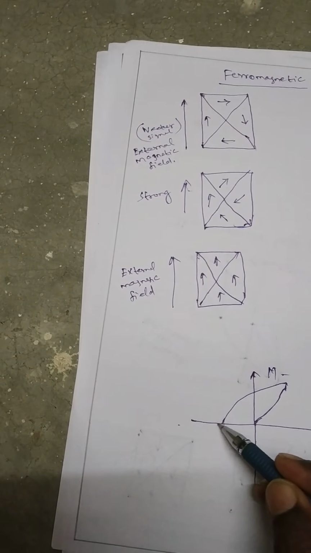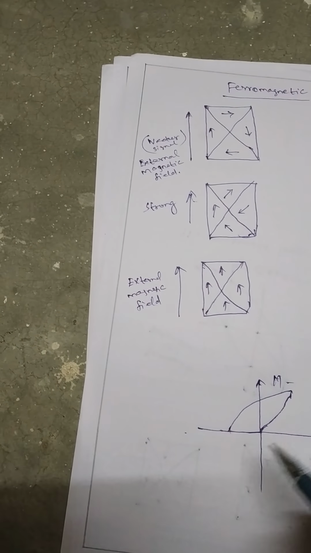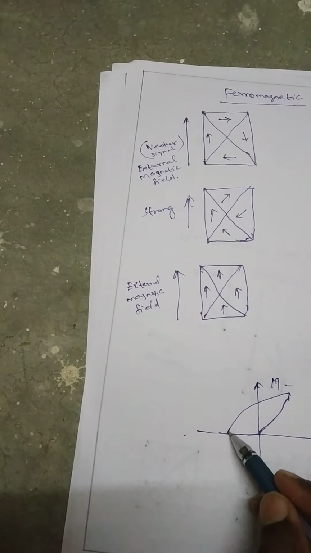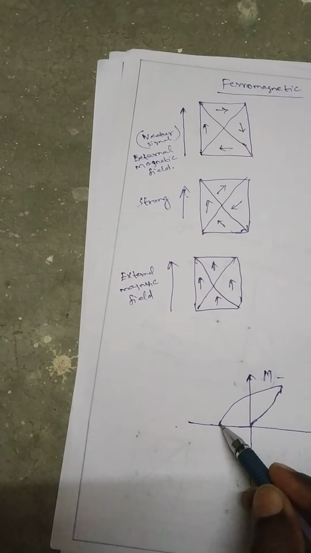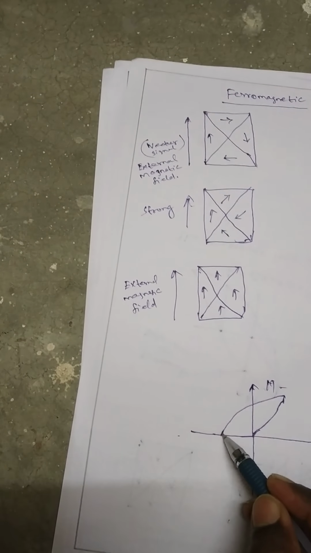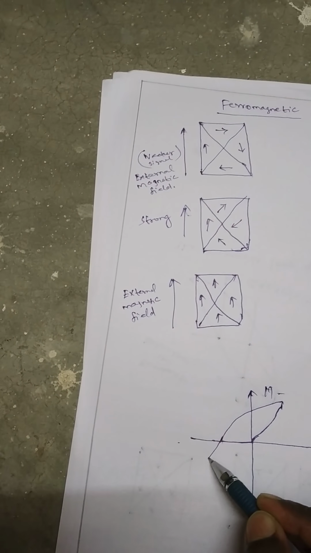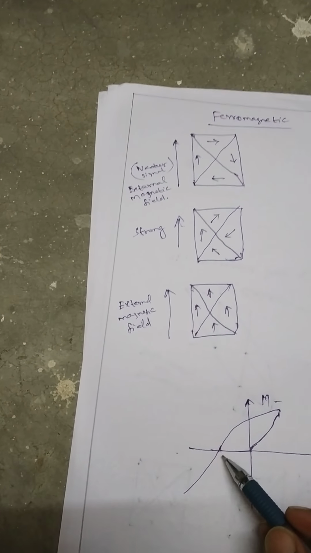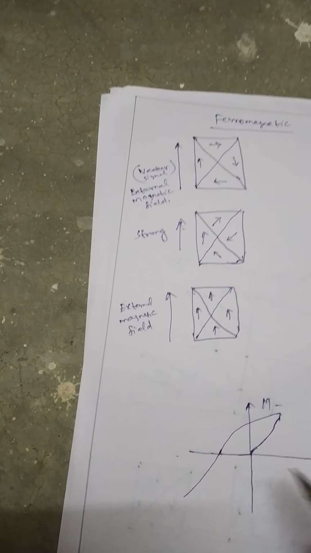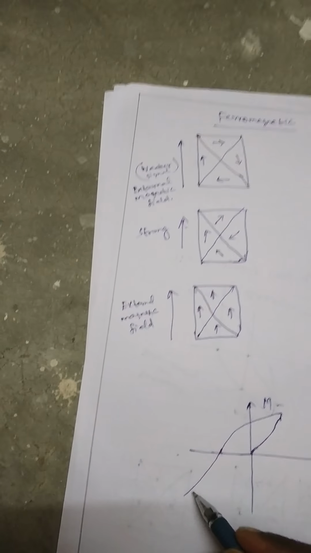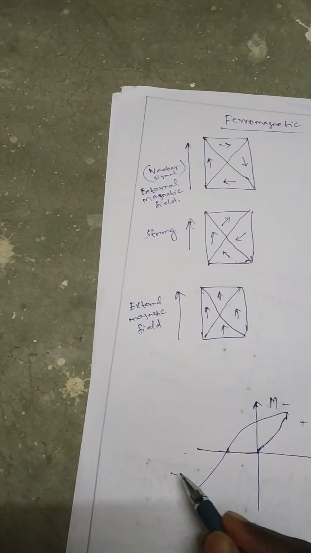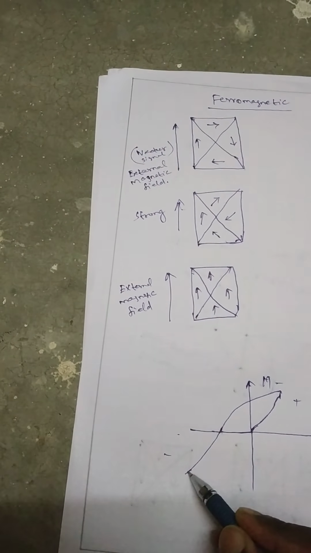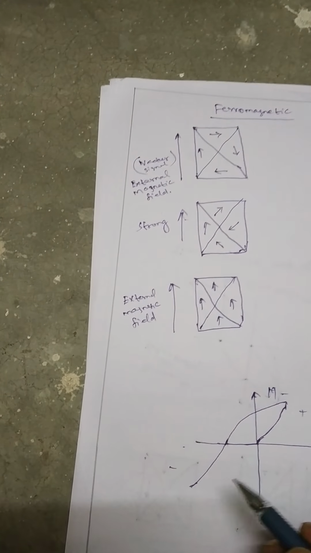So at this line, on the x-axis, you see the magnetism becomes 0. If we still further decrease the magnetic field, it reaches 0 or below 0, a negative magnetic field. This is the positive side, this is the negative side. So it reaches the maximum level here.